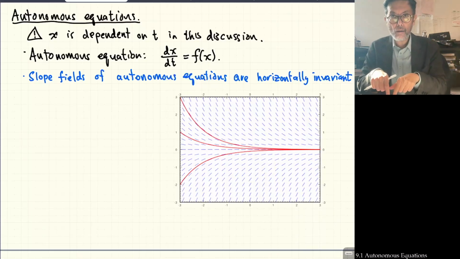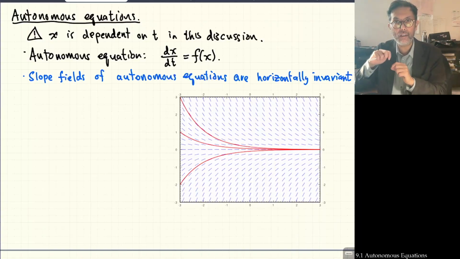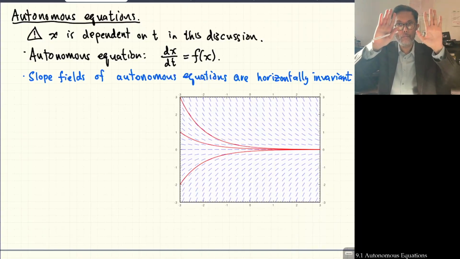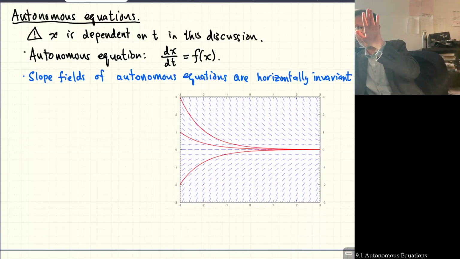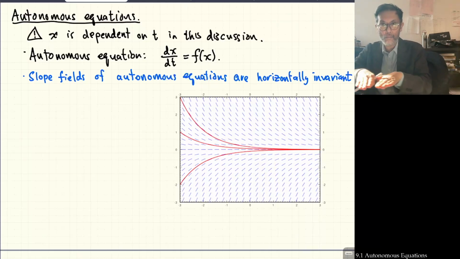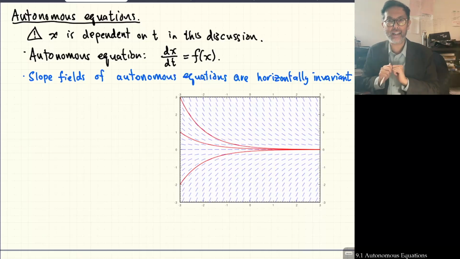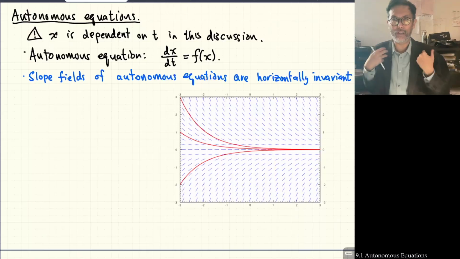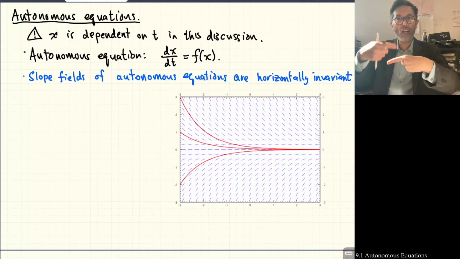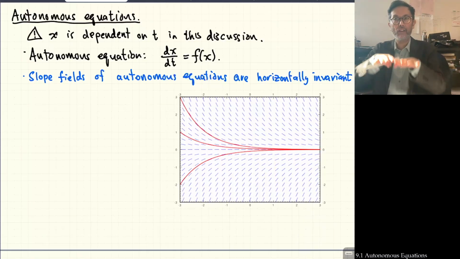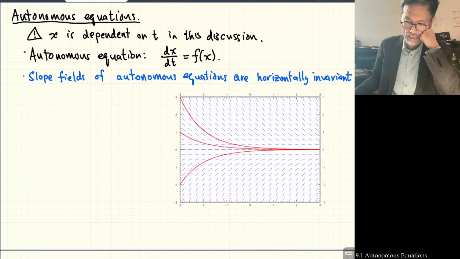Look at the slope field itself, the little blue line segments. And notice that if I were to lift it up and move it horizontally and put it back down again, it would be the same slope field. That's what we mean. It doesn't change. It's invariant under horizontal translations. That's what I mean by horizontal invariant. Okay?